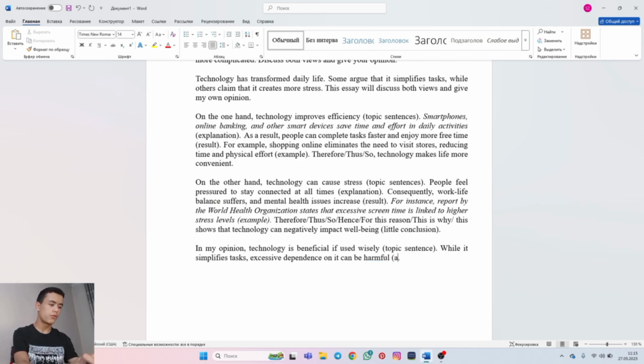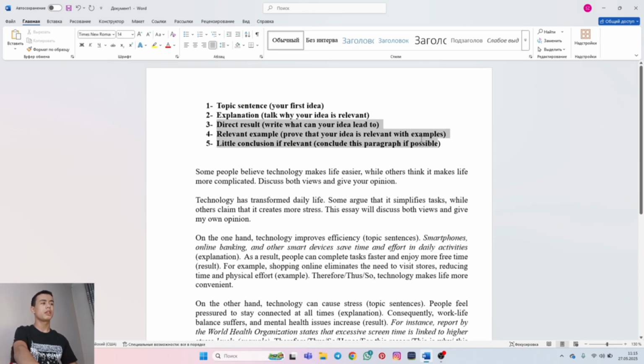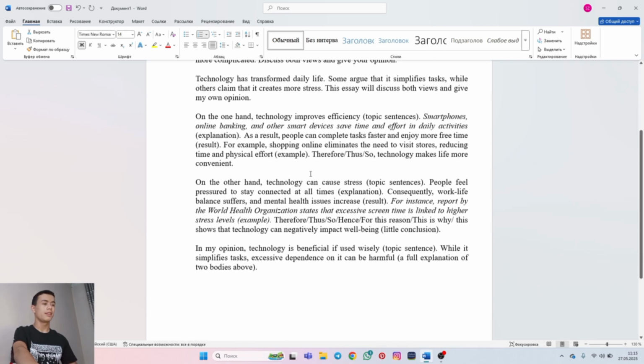Maybe a full explanation of two bodies above, right? And we don't have to give some direct result or relevant example in our opinion, because we are just combining two ideas from the bodies.